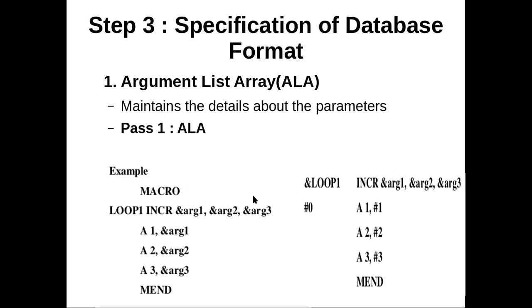The respective index markers will be hash 0 for loop 1, hash 1 for arg1, hash 2 for arg2 and hash 3 for arg3. So the purpose of the argument list array in pass 1 is to substitute all the dummy arguments with index markers, where index markers start with the hash symbol.